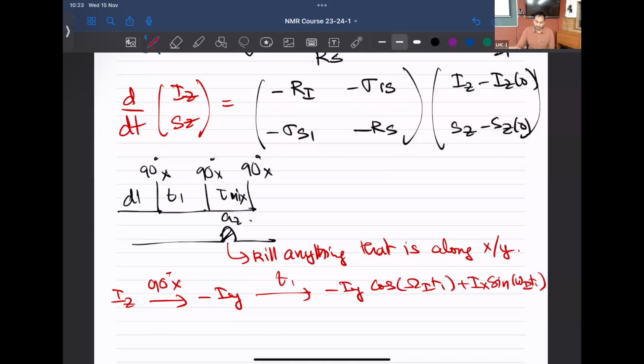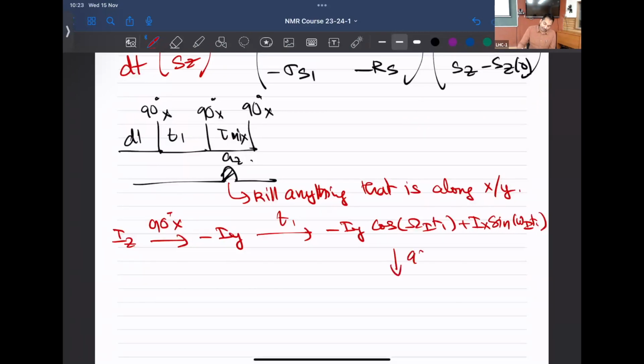Now, if you apply the next 90-degree pulse, once again along X, what is going to happen? Minus Iz, minus Iy go to minus Iz cos omega I t1 plus Ix sine omega I t1, right? When you end up in the mixing time, nothing is applied.